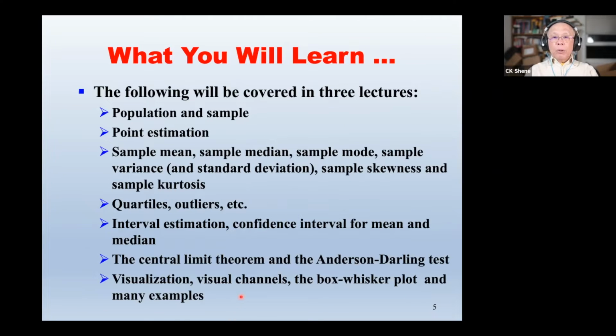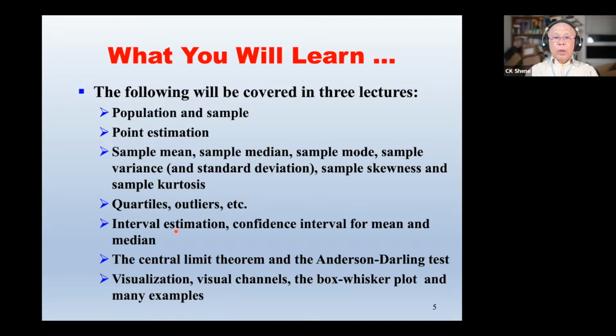So what you will learn includes the meaning of population and sample. What is point estimation? Mean, usually I will not say sample mean, I would just say mean, median, mode, variance and standard deviation, skewness, and kurtosis. Then we'll move on to quartiles, outliers, and so on.